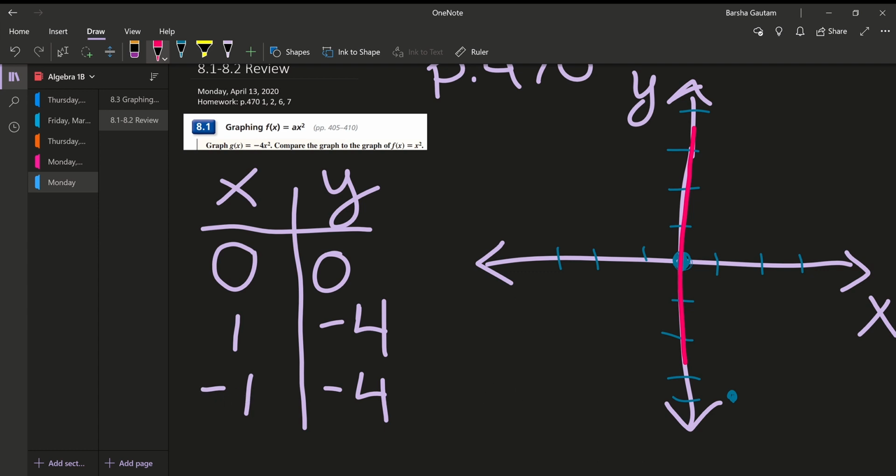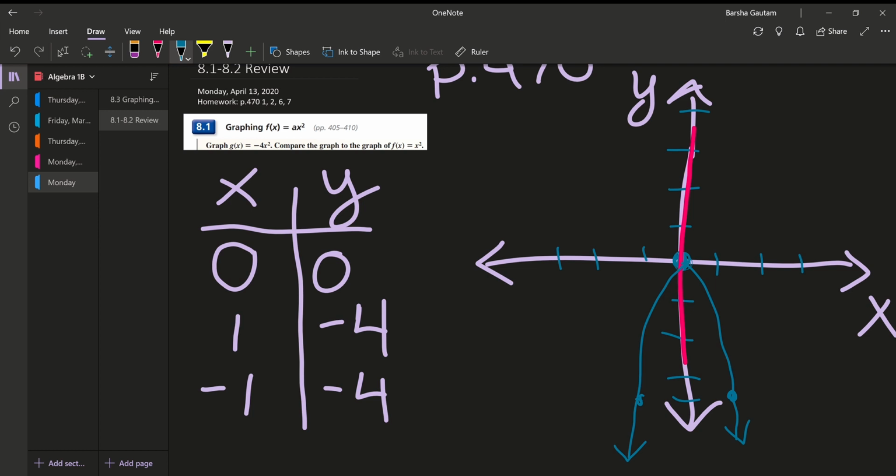Negative 1, negative 4. So 1 space to the right, we'll go 1 space to the left right here. Let me use a different color. So it'll look something like this.